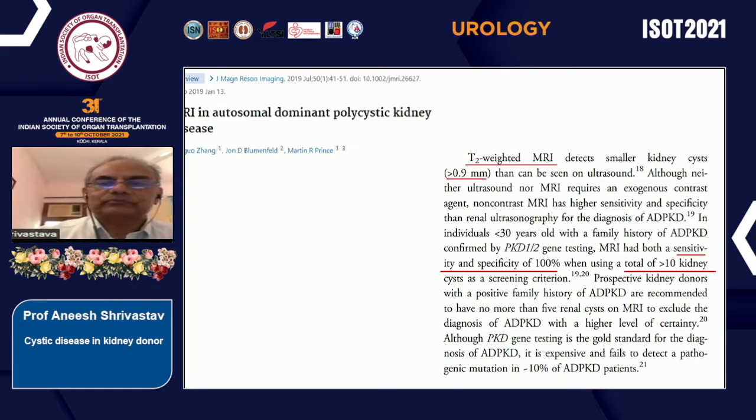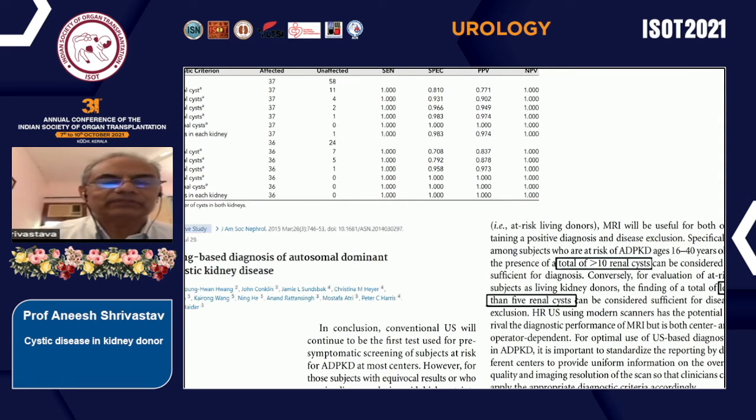And if you take the T2 weighted images, it helps a lot. If the individual is less than 30 years old with a family history, confirmed PKD1 or 2, it has 100% sensitivity and specificity if you use more than 10 cysts in total as a screening criterion. We'll see that in the clinical scenarios as we go further. This study is again about more than 5 cysts; less than 5, you can exclude in a subgroup of 16 to 40.